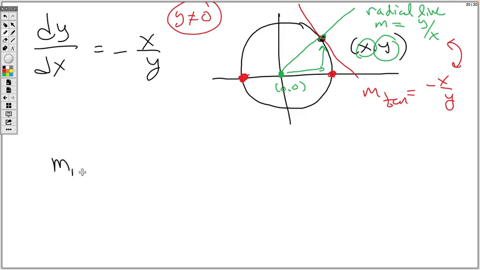If you have two slopes, m1 and m2, and they're negative reciprocals of each other, what does that tell you about the two lines? Does that ring a bell? Means they're perpendicular, you follow? So this is another way to see that the tangent to the circle is perpendicular to the radius of the circle at each point. That's a little fact from geometry. Okay, so you can kind of see that here in this formula.